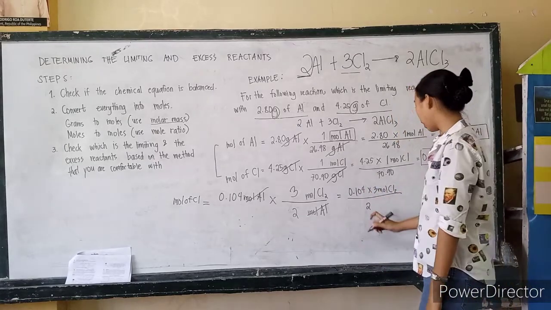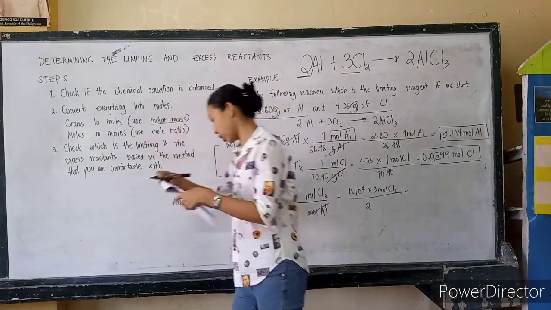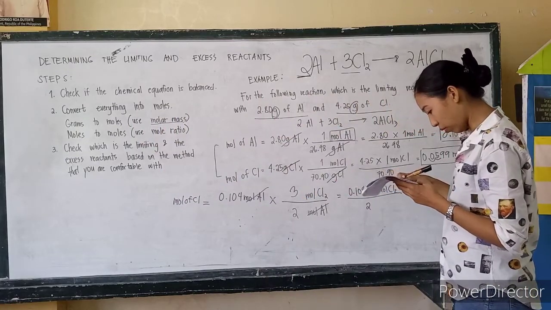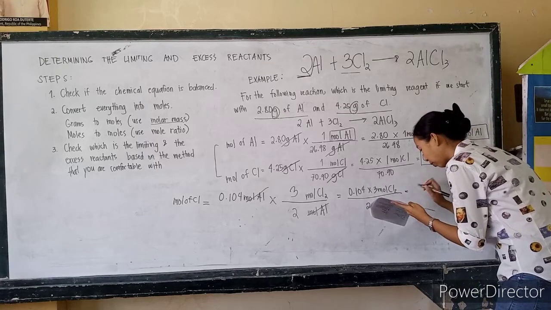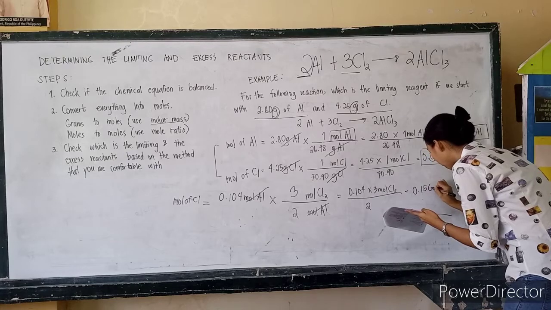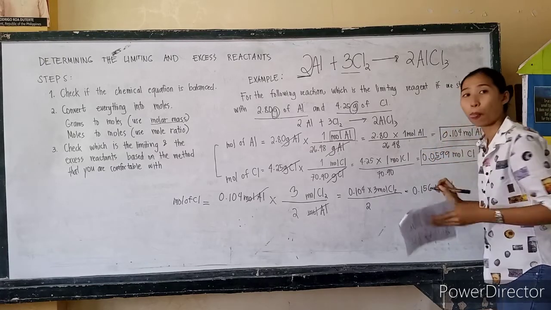There is no unit left. So, the answer to this, using your calculators, is 0.156 mole of Cl2.